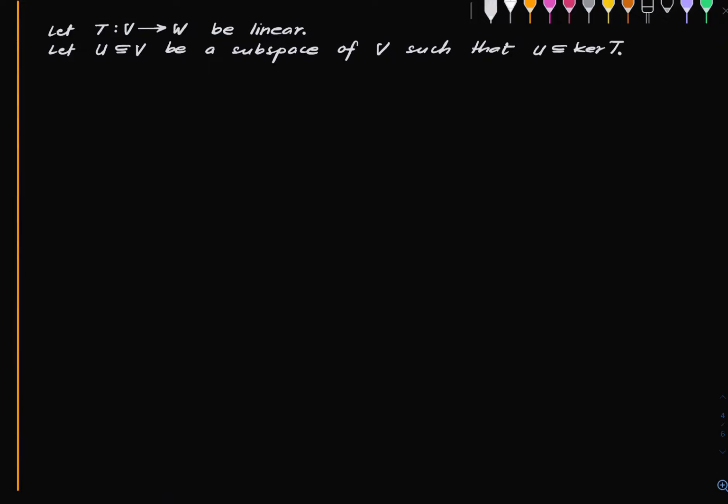Okay, U is contained in the kernel of T. Then each coset of U is contained in some coset of the kernel. So let me write that thing down. So note that each coset of U is contained in some coset of the kernel of T, of course.